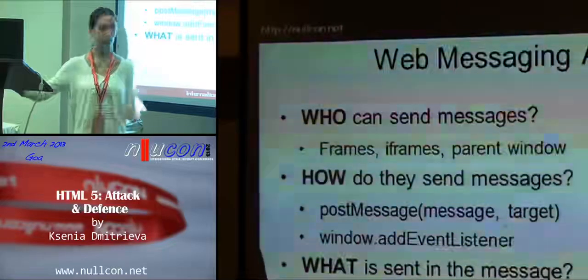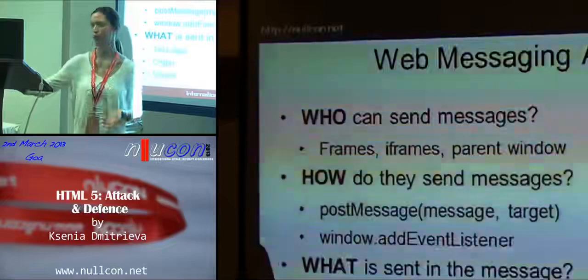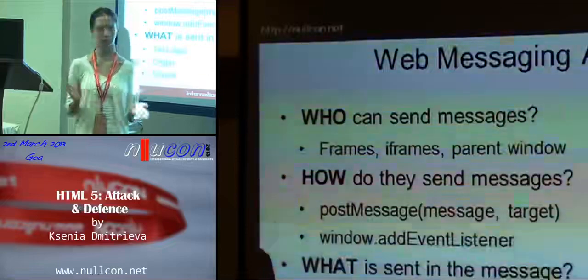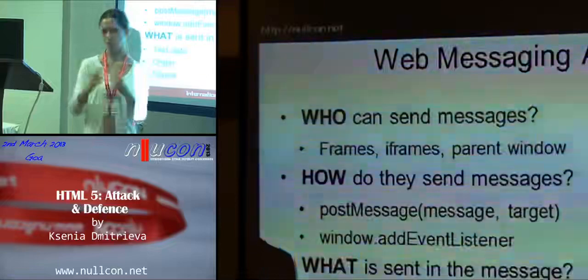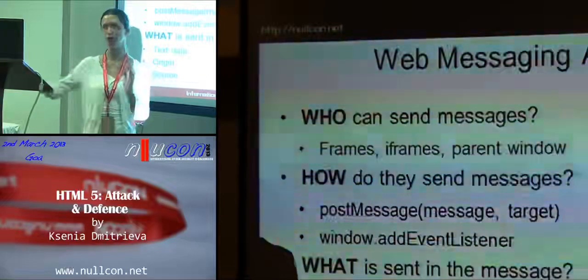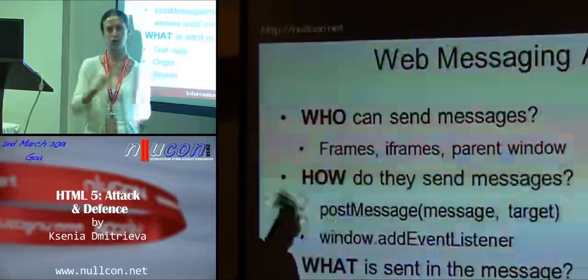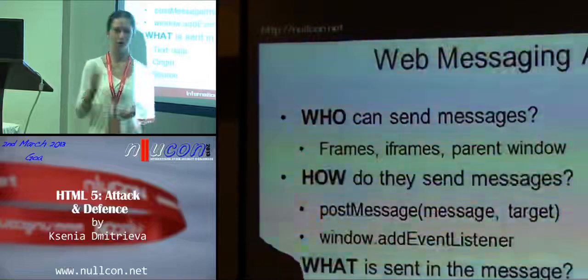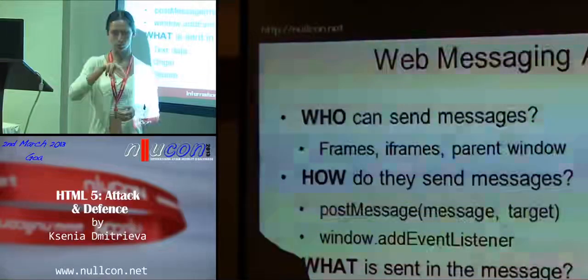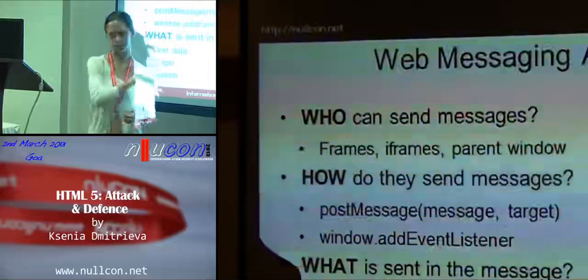And so what is sent in the message? As I said, the message itself, which is just a string, text data. The origin is where the message came from, not the full URL, but the origin: the scheme, the domain, the port. And the source is the JavaScript object that sent the message.